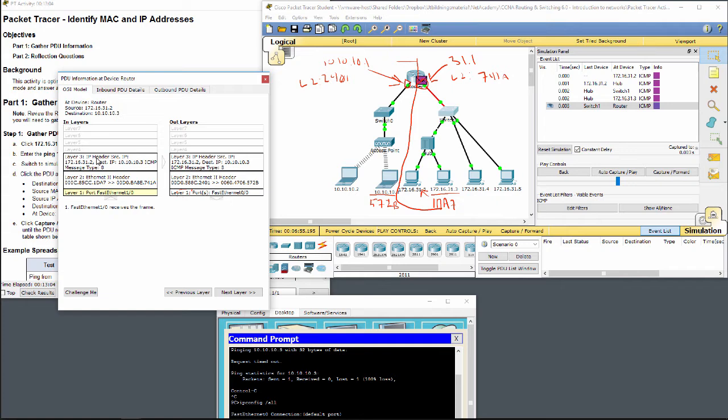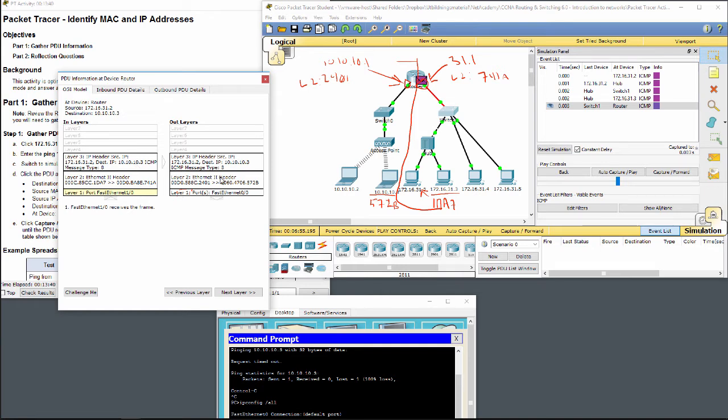It changes the time to live counter and the layer 3 checksum, but nothing about the addressing. So the layer 3 addressing is not changed by the router. It would not be changed at any time if it was not for NAT, which is not included in this topology. So the outbound addressing is the same as the inbound addressing on layer 3.